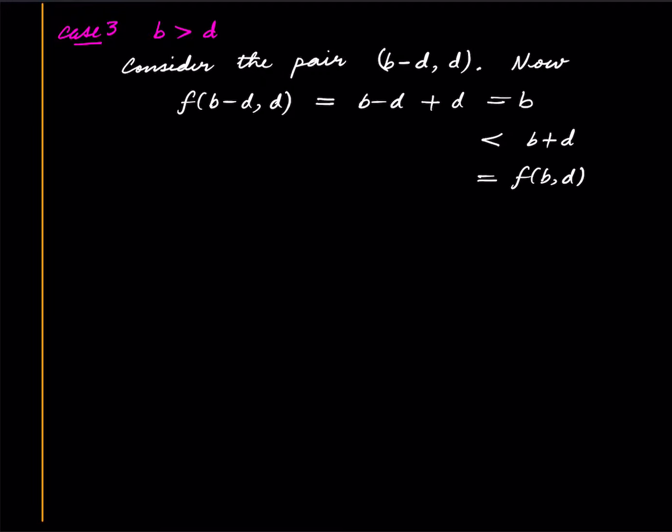So the size of this pair is smaller than the size of this pair, and since this was the smallest bad pair, this cannot be a bad pair, right? Because this was already the smallest bad pair whose size dominates the size of this one. So this cannot be a bad pair, therefore this is good. So thus b minus d comma d is good.